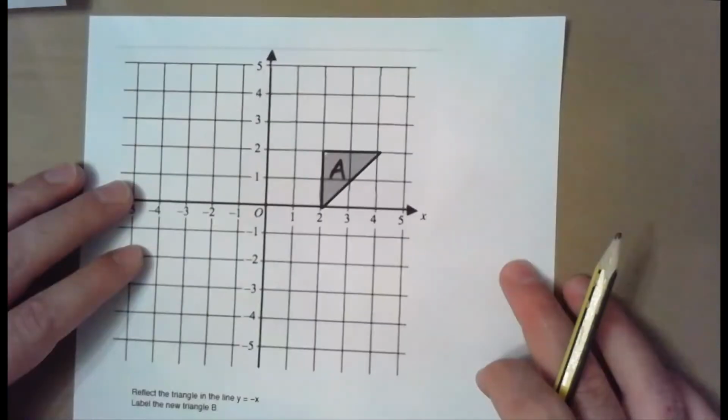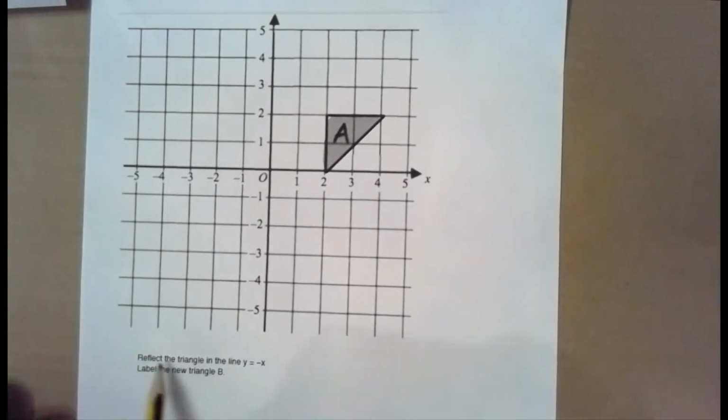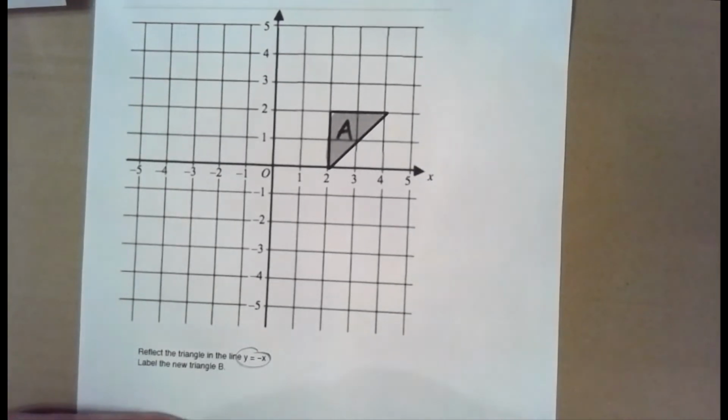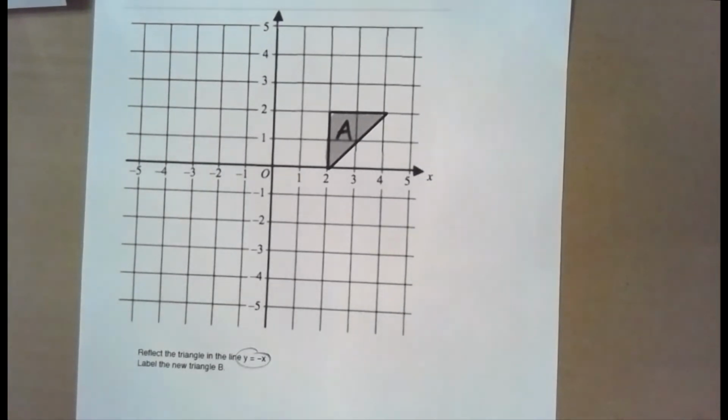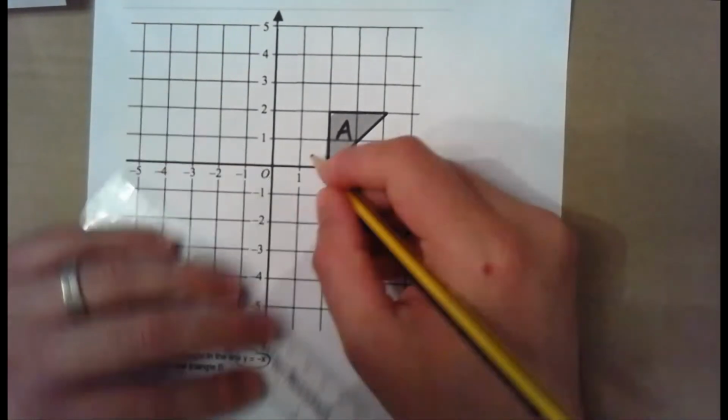Another example. Here's shape A. This time we're going to reflect the triangle in the line y equals negative x. Y equals negative x will be a line going as follows.